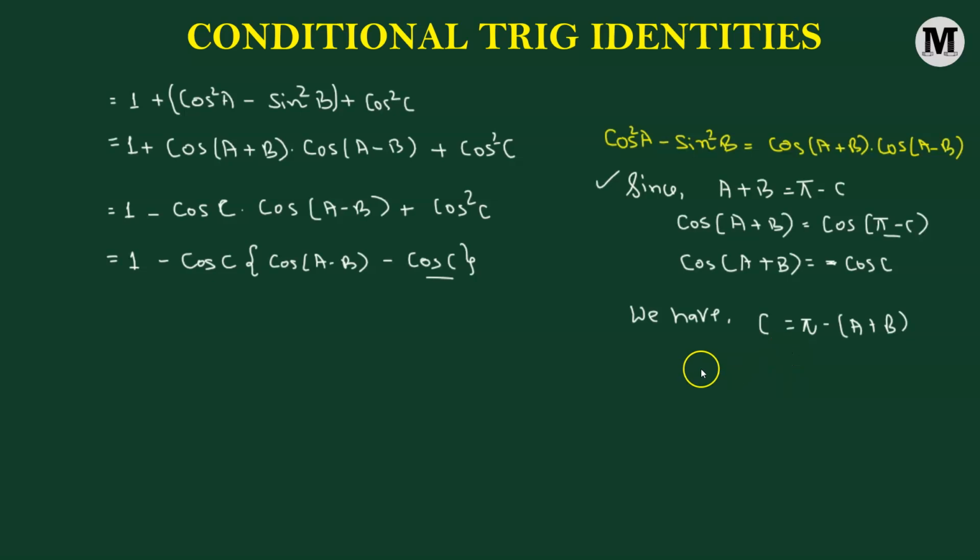Now we take the cosine function on both sides. The cosine of C equals cosine of the angle pi minus (A plus B).